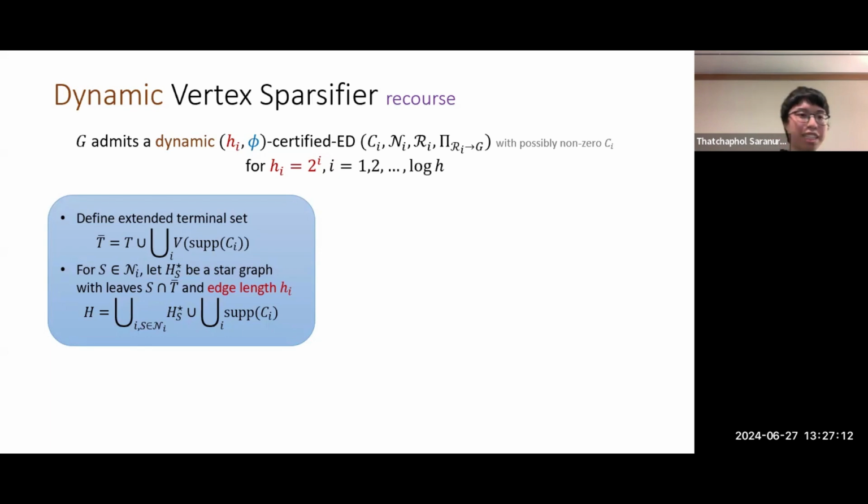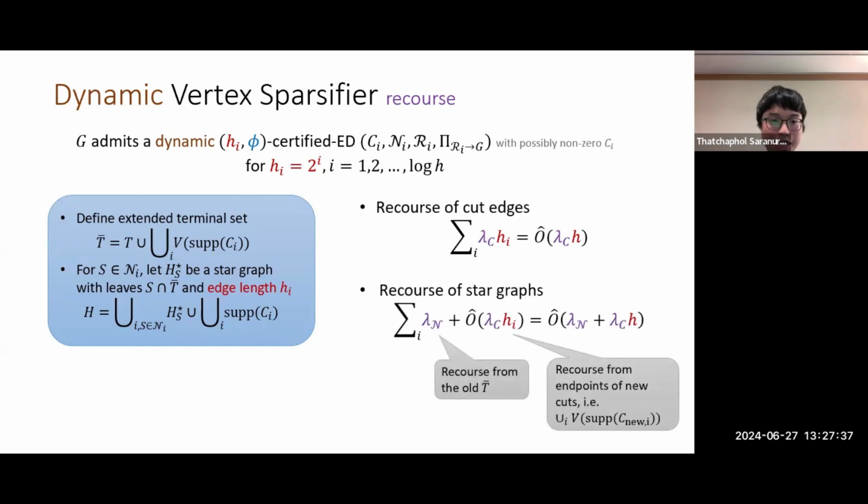And when the dynamic ED changes, like when the cut changes incrementally, or the neighborhood cover changes fully dynamically, or the pairwise cover changes fully dynamically, it will cause some changes to these vertex classifiers. Here's some calculation of the recourse of the classifiers. But the most important point is that it depends on the recourse of the pairwise cover, and it also depends on the recourse of the cut in the dynamic certified ED.